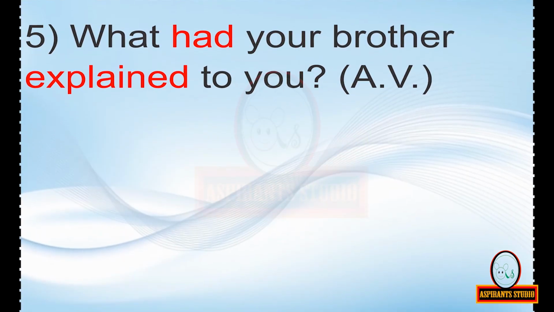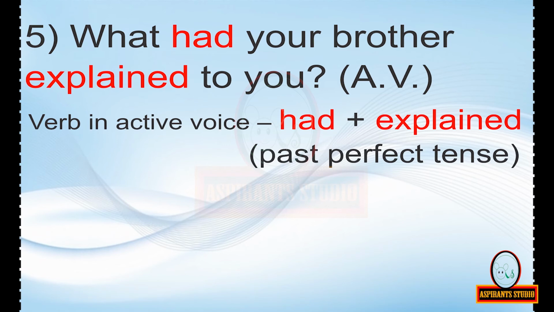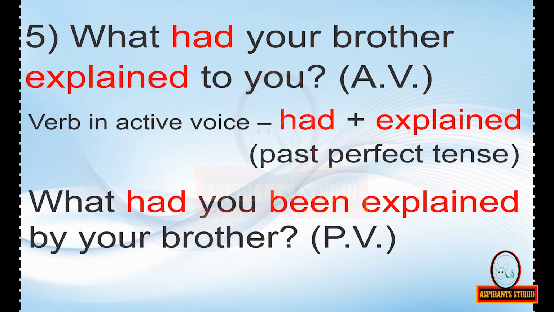What had your brother explained to you? Active voice. Verb in active voice. Had plus explained. Past perfect tense. What had you been explained by your brother? Passive voice.